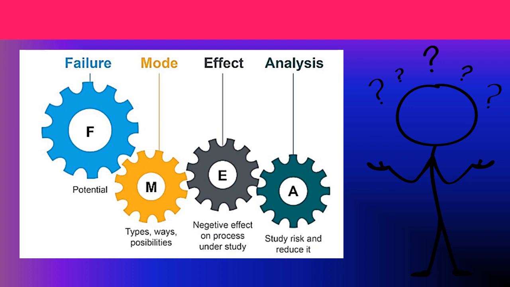FMEA is a living document, and the FMEA should regularly be reviewed, and it should reflect all the latest changes and actions. The other important point to consider here is that FMEA is also not a standalone document, as the output of FMEA can be used as an input for the subsequent product development process.